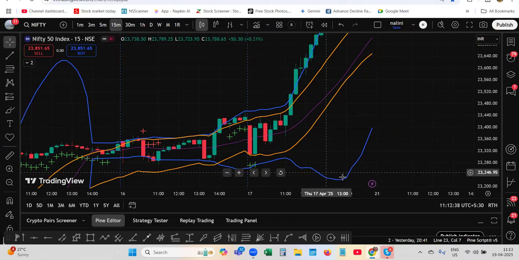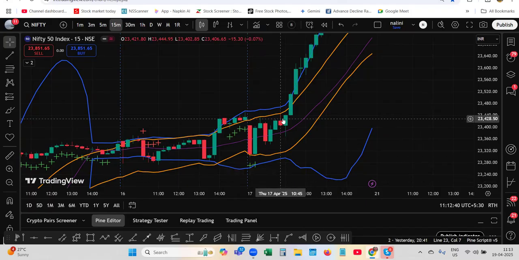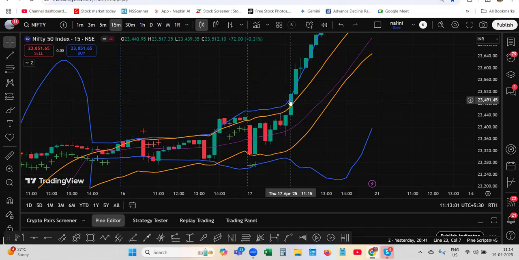The Bollinger Band started expanding. There was an agreement between both the Keltner channel and the Bollinger Band. Price started closing above the Keltner channel, still within the upper Bollinger Band. Price has not come out.